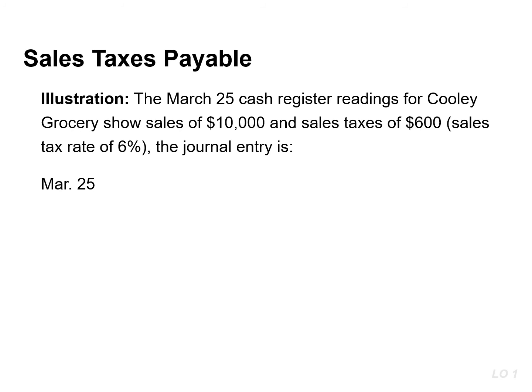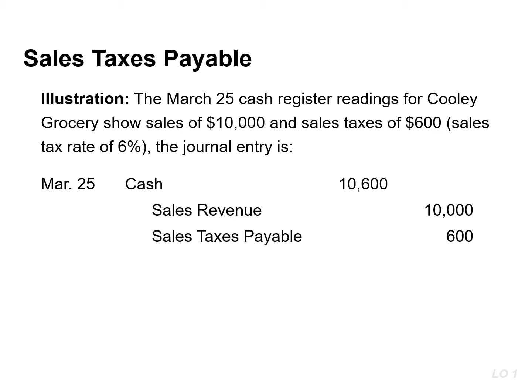The company uses the cash register reading to record sales revenue as well as sales taxes payable. If the March 25th cash register readings for this company show sales of $10,000 and sales taxes of $600, the journal entry would result in a debit to cash for $10,600, a credit to sales revenue for $10,000, and a credit to sales taxes payable for $600.